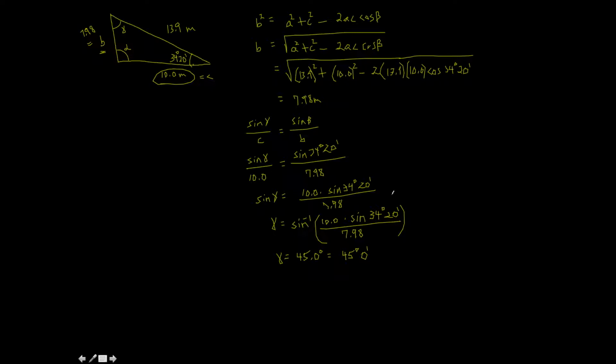We found one of the two remaining angles. So to get the third angle, we can subtract the sum of 45 degrees 0 minutes plus 34 degrees 20 minutes from 180.